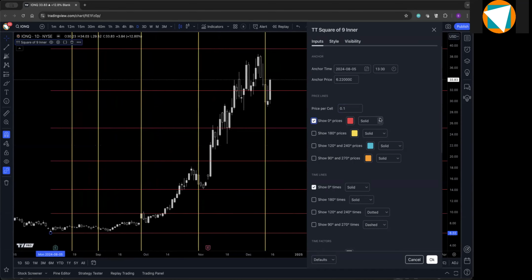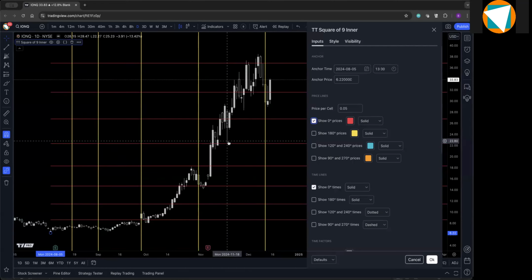So that's pretty good, but let's keep going. Maybe 0.05 would be better. Yeah, this is pretty good here as well. We're getting some really good retests and confirmation that these levels are working. But what would a Gann fan look like here?